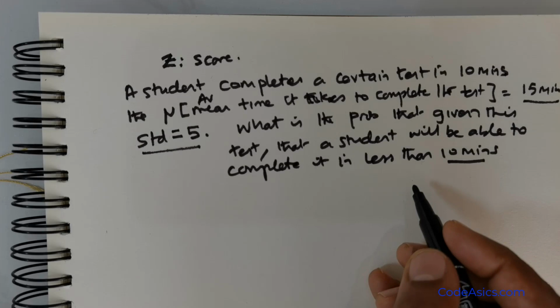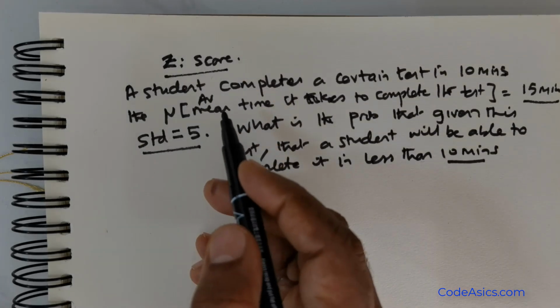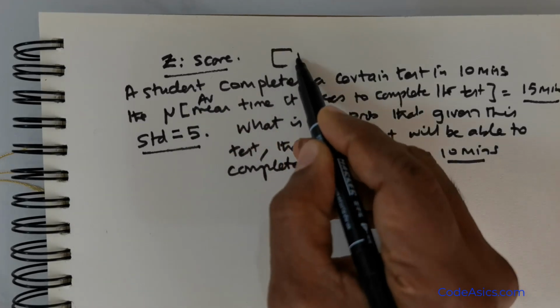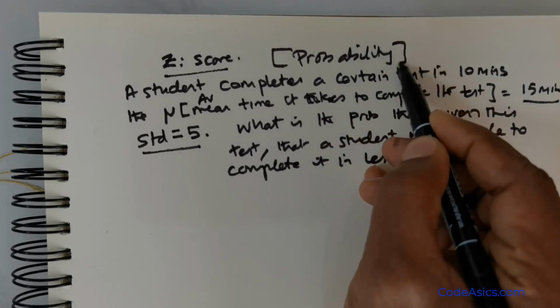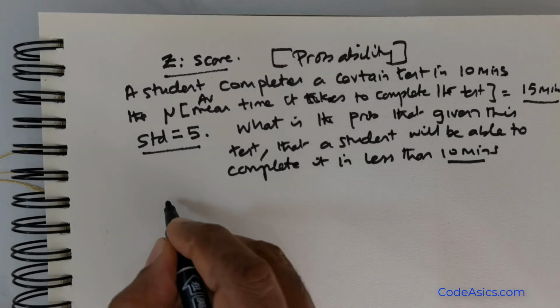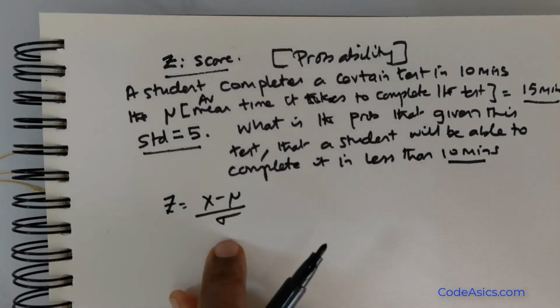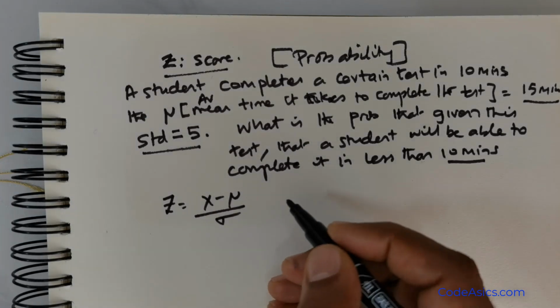So this is the third application. What is the third application for z-score? With z-score we would be able to obtain the probability of an event. So that is the beauty of it, the third one. So first I'm going to calculate z-score. Z-score is x minus mu divided by sigma. Of course we are considering a population mean.